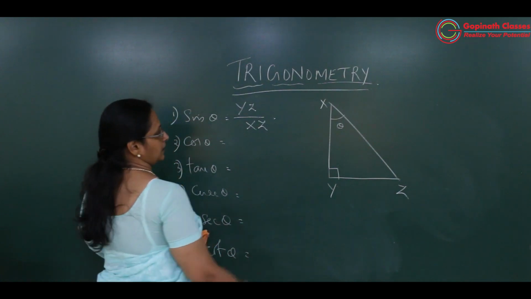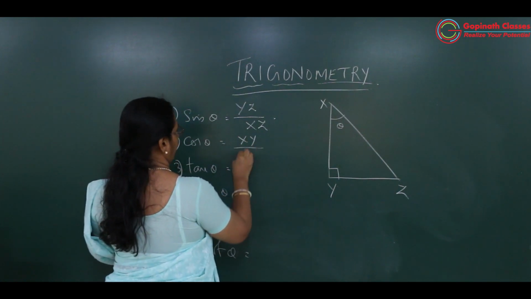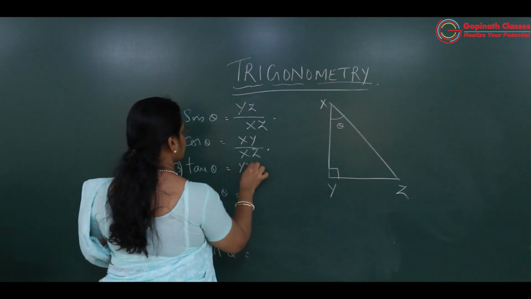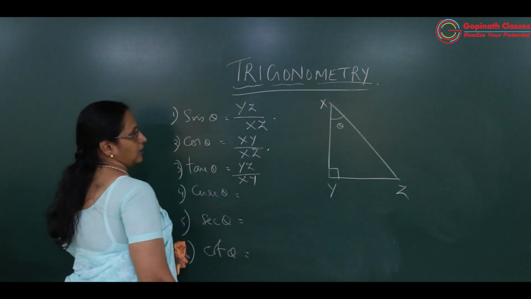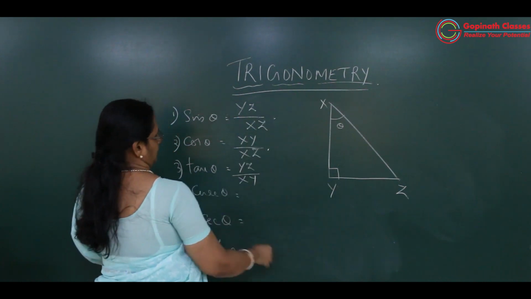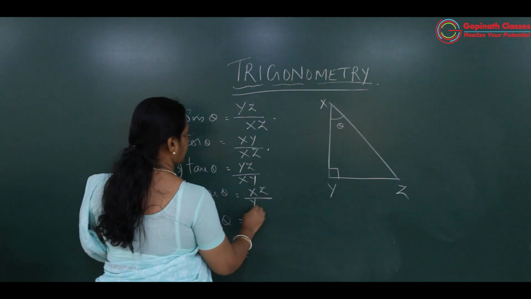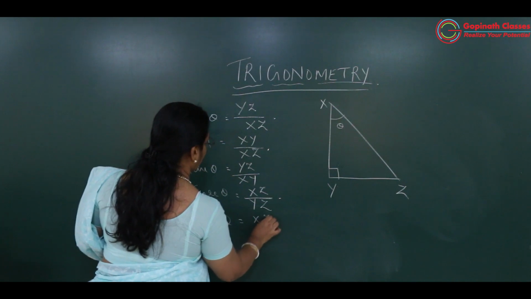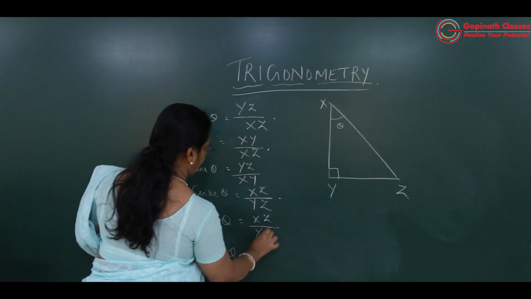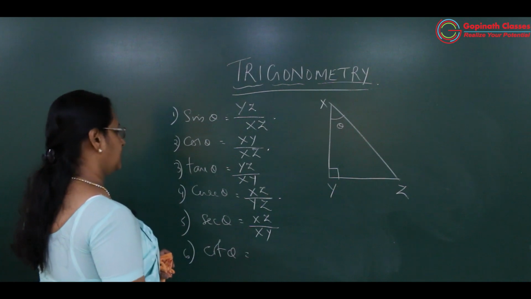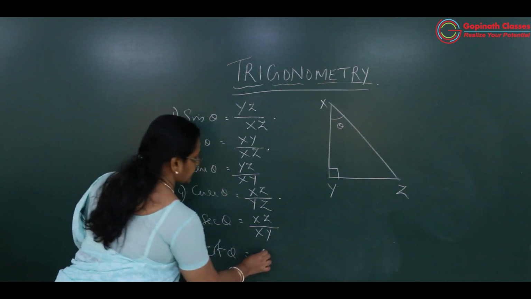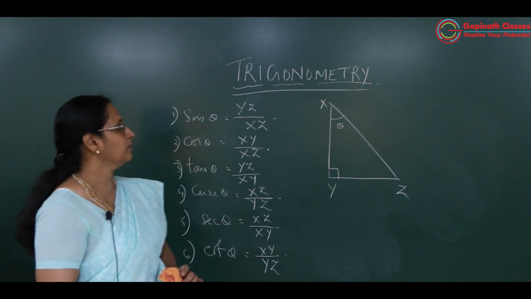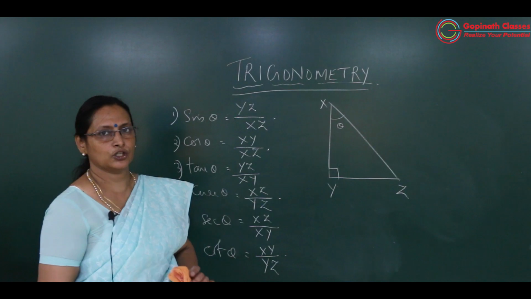So now cos theta is xy upon xz, tan theta is opposite upon adjacent side, that is yz upon xy, cosec theta is reciprocal of it, that is xz upon yz, sec theta is reciprocal of this, xz upon xy, and cot theta is xy upon yz. So this is the meaning of trigonometric ratios, basic trigonometric ratios.